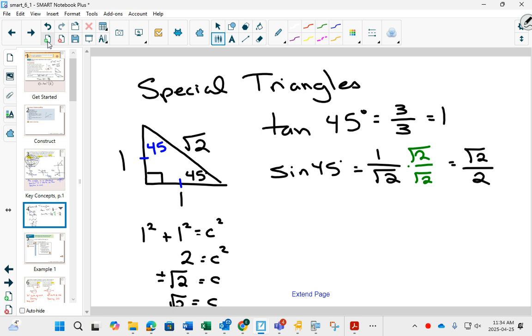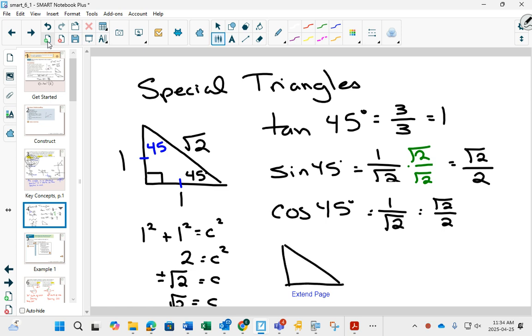And cos of 45 is also going to be adjacent over hypotenuse, which is also equal to root 2 over 2. Now you know how Sean picked 3 at the beginning, right?